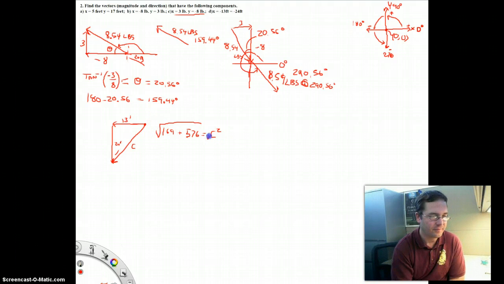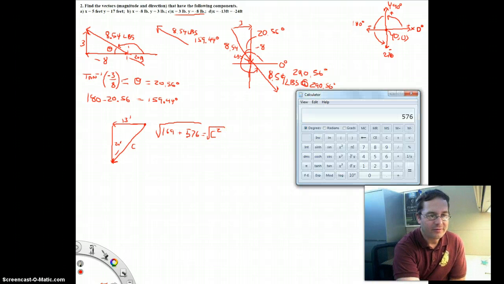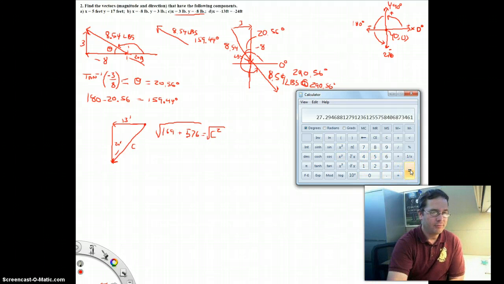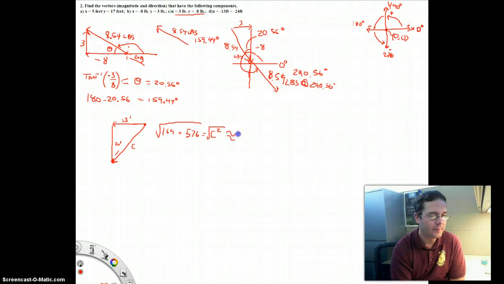You've got to finish the addition process before you take the root. So 576 plus 169, and then we're going to raise that to the 1/2 power to take the root. And we find the length of that diagonal walk is about 27.3 feet. So c equals approximately 27.3 feet.